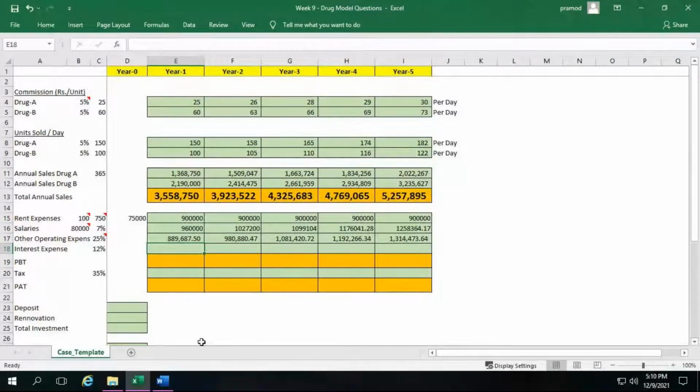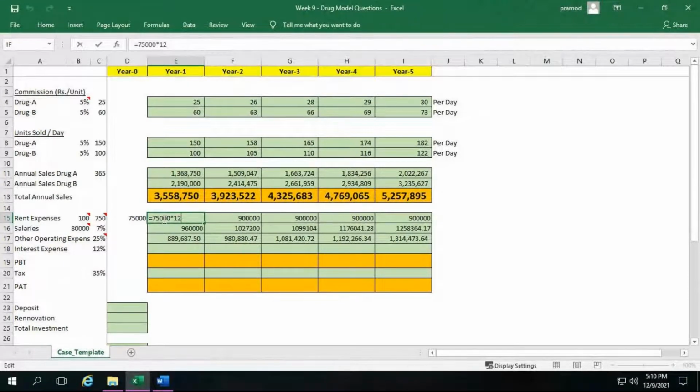Sir, if we drag that 9 lakhs rent expenses, I'm not getting the same. It is like doubling. What you have done is 75,000 into 12, you have selected the 75,000 cell into 12.